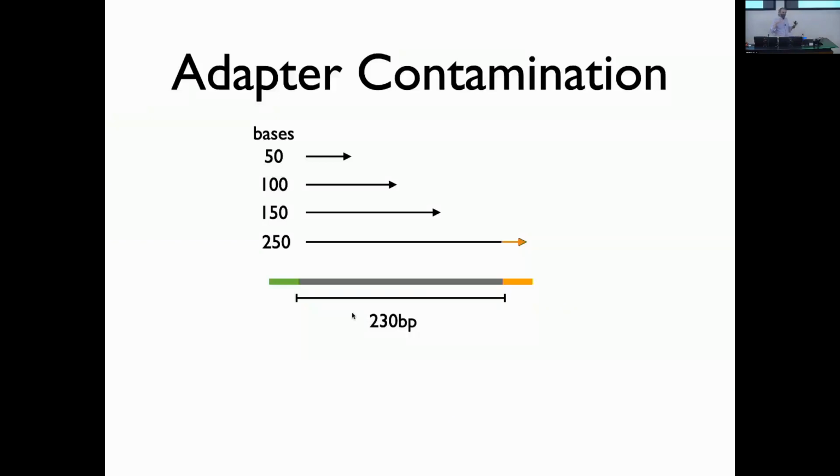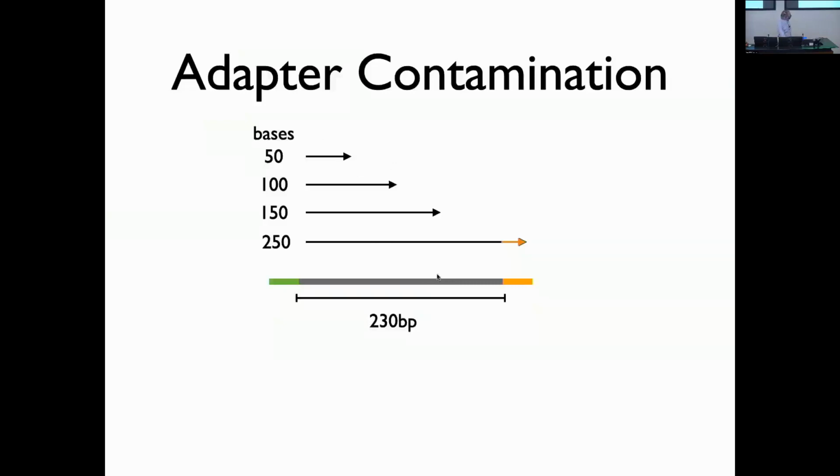If you're doing shotgun sequencing, the fragment sizes are going to vary a lot, from sometimes even less than 200 base pairs up to around 1,000 base pairs. If you're doing amplicon sequencing, then usually it's a narrower size range, although not always.